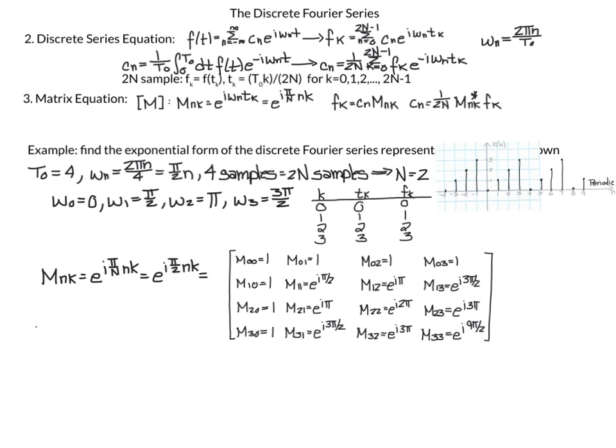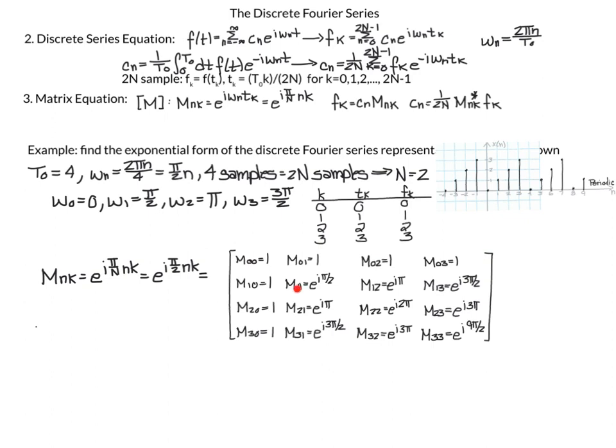So when I calculate m of 0, 0, and I plug that in here, n is equal to 0, k is equal to 0, then this is going to become e to the 0, which is 1. Actually, anything that has a 0 in it is going to be equal to 1. So that takes care of all of this.